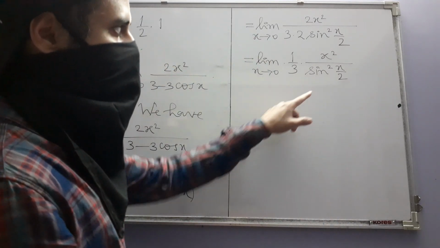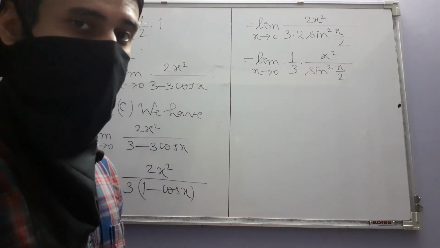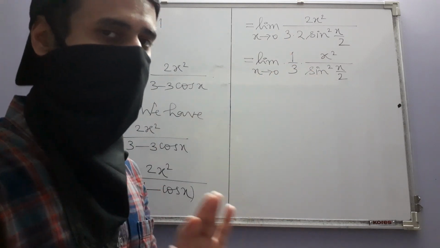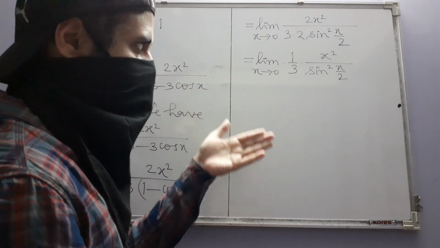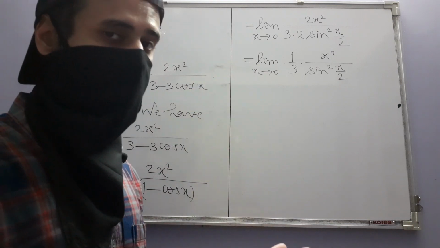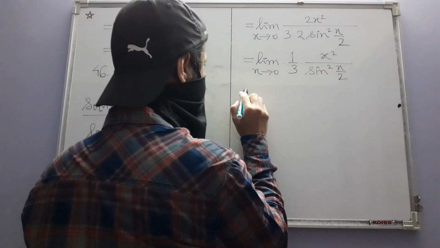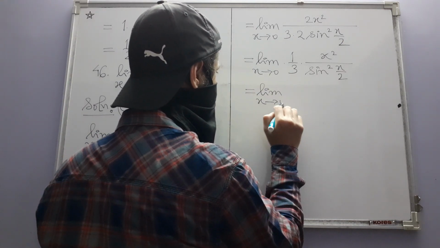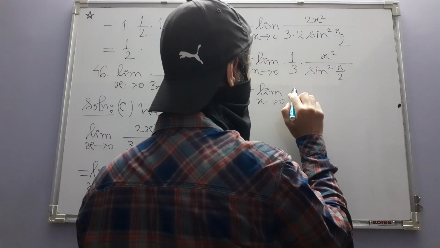So you can see that we do not exactly have just sine here, but it's square. So here also we do have x square, but that is not enough. We should have the square of x over 2, that means x square over 4. So we are going to adjust things like this.